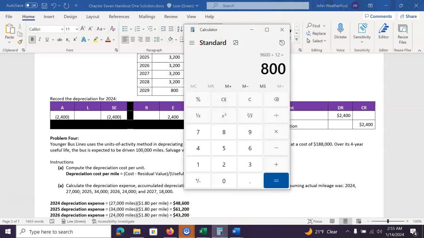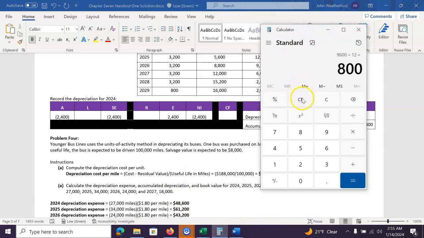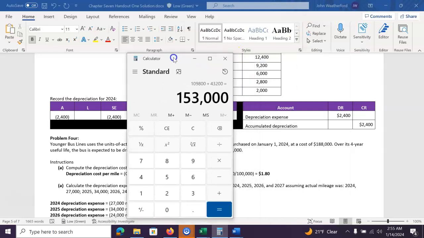So we'll say 48,600 plus 61,200 plus 43,200. And that gives us accumulated depreciation so far of 153,000.